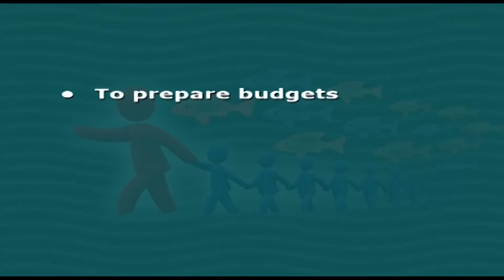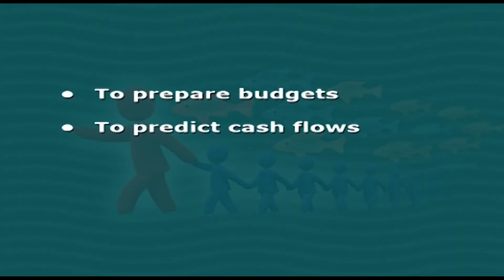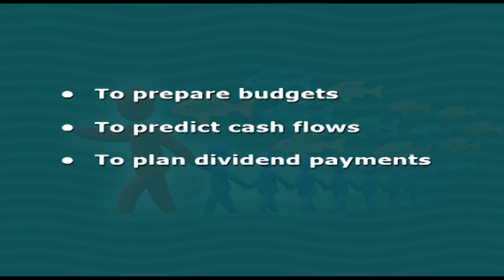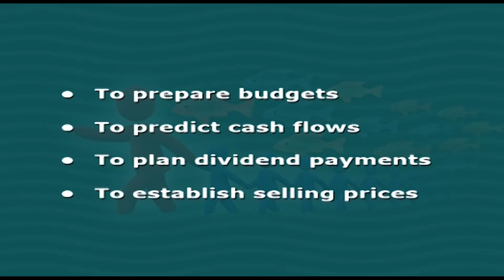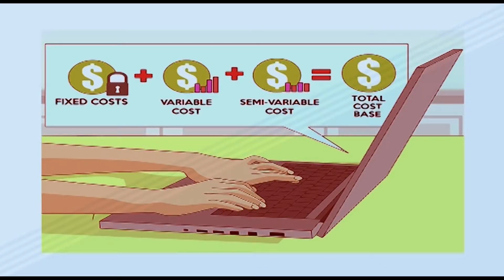Cost behavior information allows managers to prepare budgets, to predict cash flows, to plan dividend payments, to establish selling prices. In fact, there are three main types of costs according to their behavior.